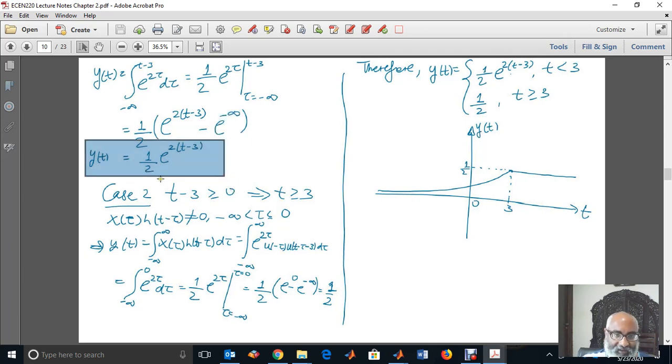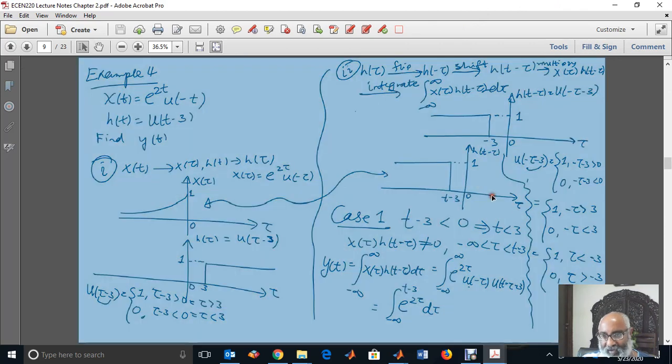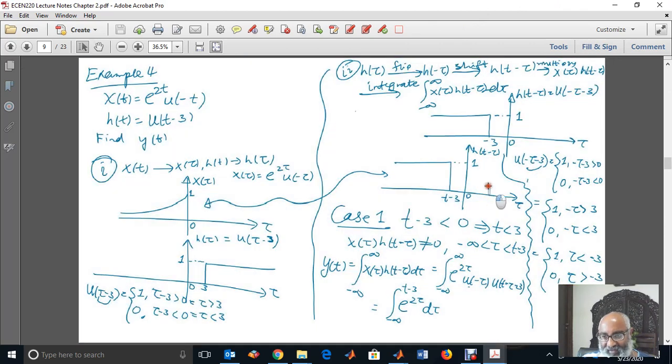What about t minus 3 greater than or equal to 0? Let's go again here. That means this point, from the h(t-τ) graph, is here. t minus 3 greater than 0 means it is here. So what will happen?